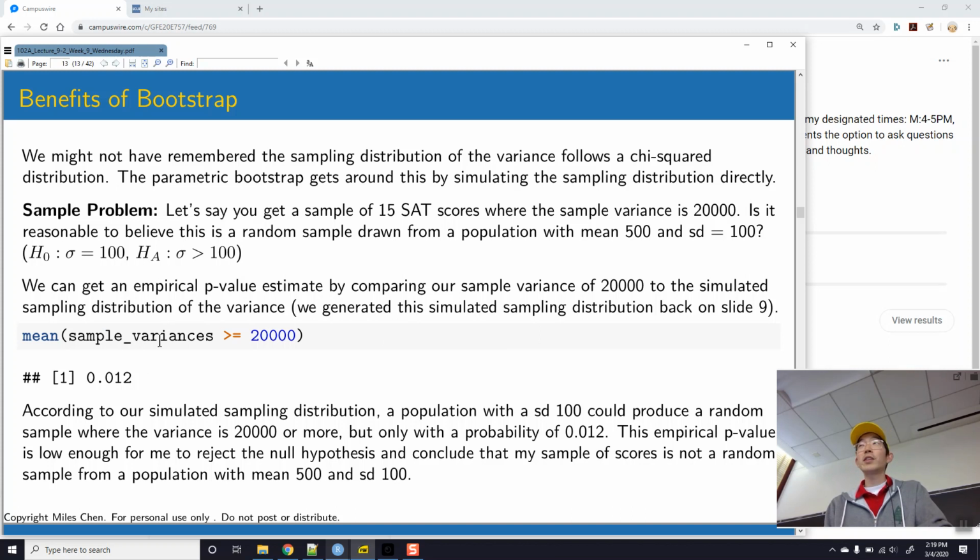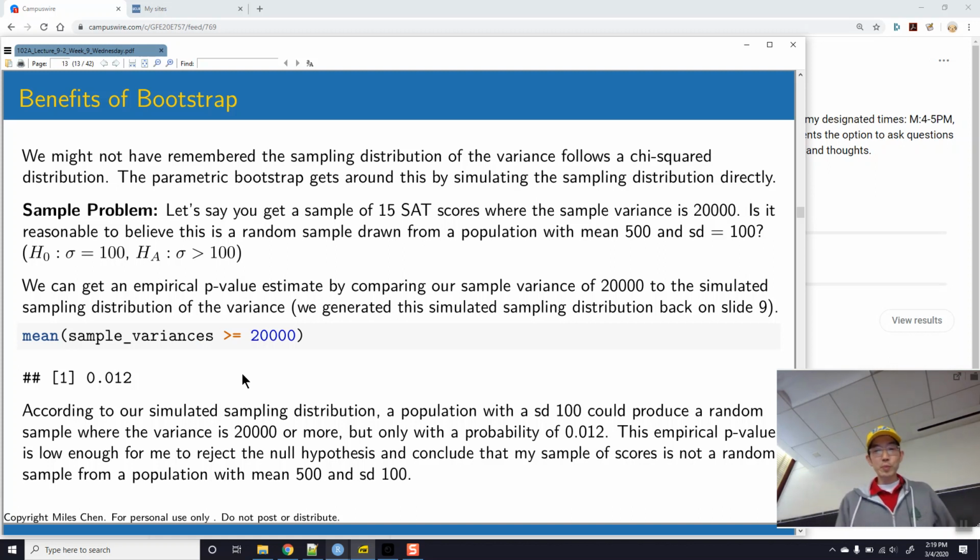So I've generated all of these sample variances, and I can just ask what proportion of my sample variances is greater than 20,000. Sample variances greater than or equal to 20,000 generates a true-false logical vector. I calculate the mean to see what proportion is true, about 1.2%, 0.012, right?